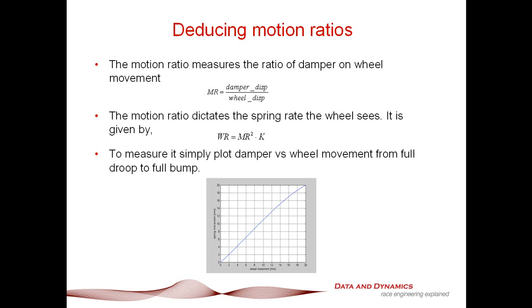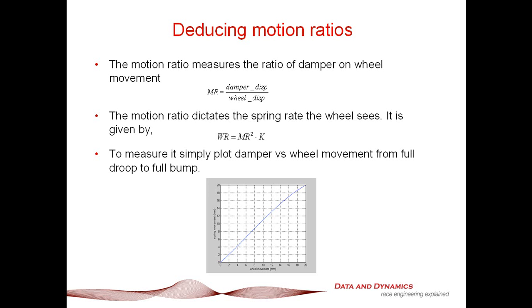But here's the kicker. The reason it is so important is because the spring rate the tire sees is given by wheel rate equals motion ratio squared times spring rate. This, ladies and gentlemen, is why classifying your motion ratios is such an important job, and it's one of the most overlooked jobs.